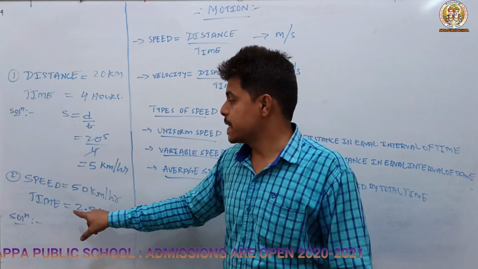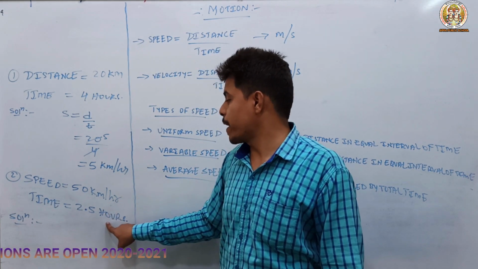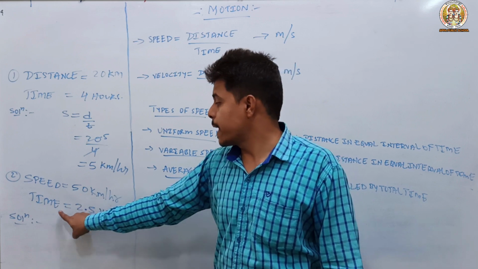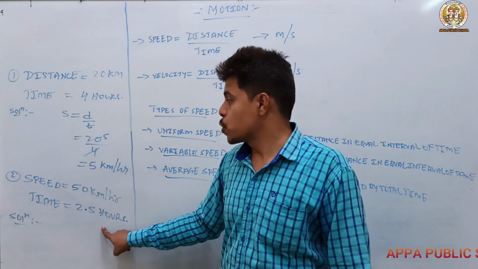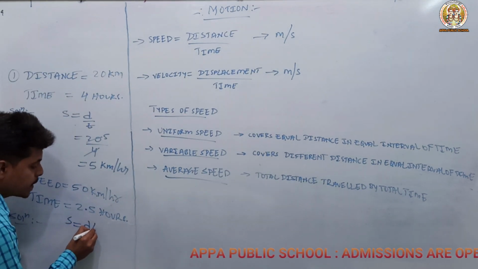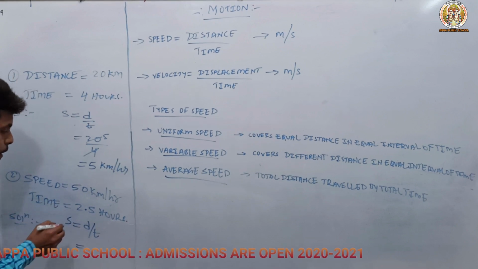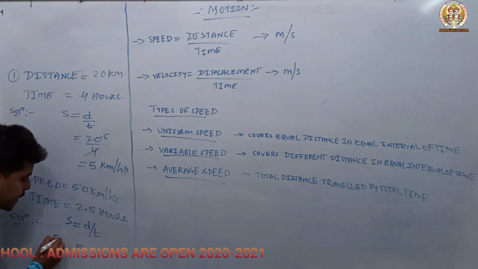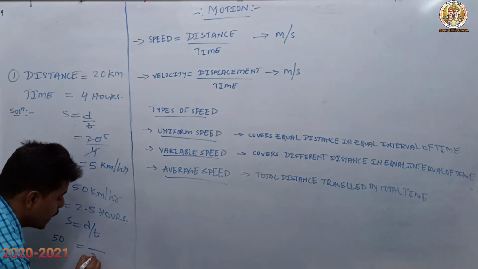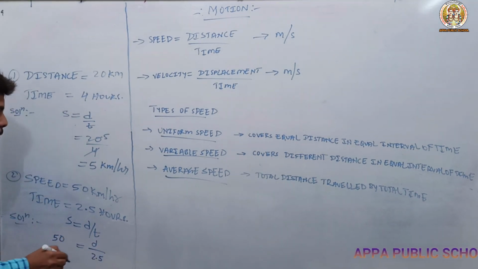One more question: speed is 50 km per hour and time is 2.5 hours. We know the formula, speed is equal to distance traveled by time taken. Instead of writing speed, I am going to write 50, and in the place of time I write 2.5 hours, and then distance.